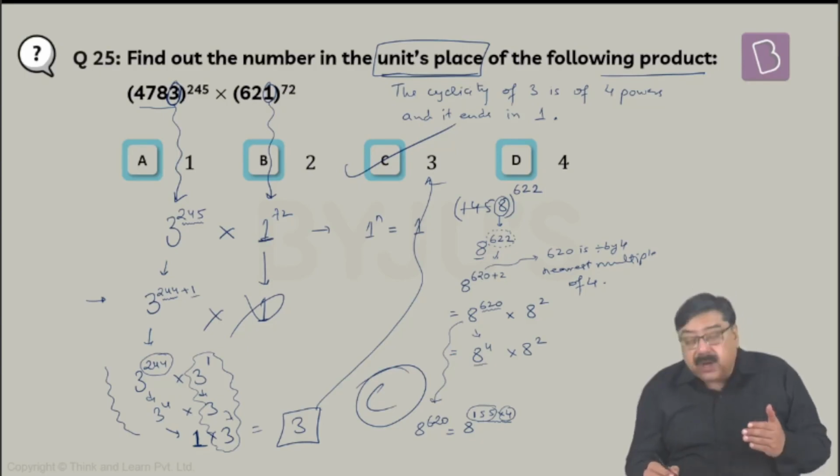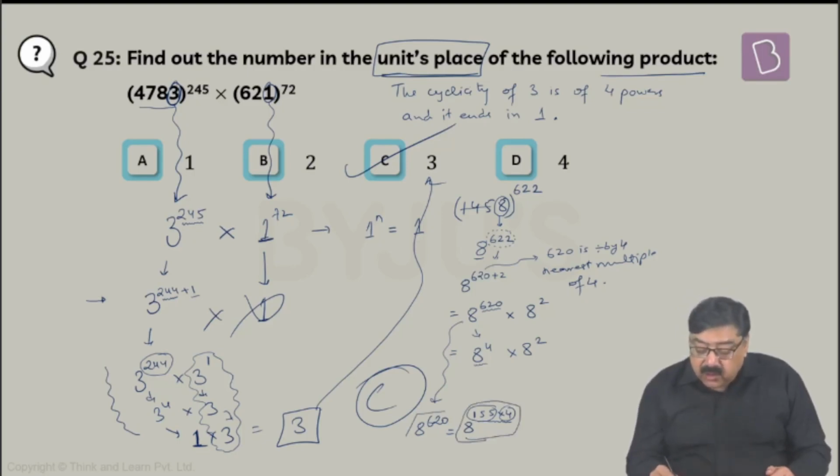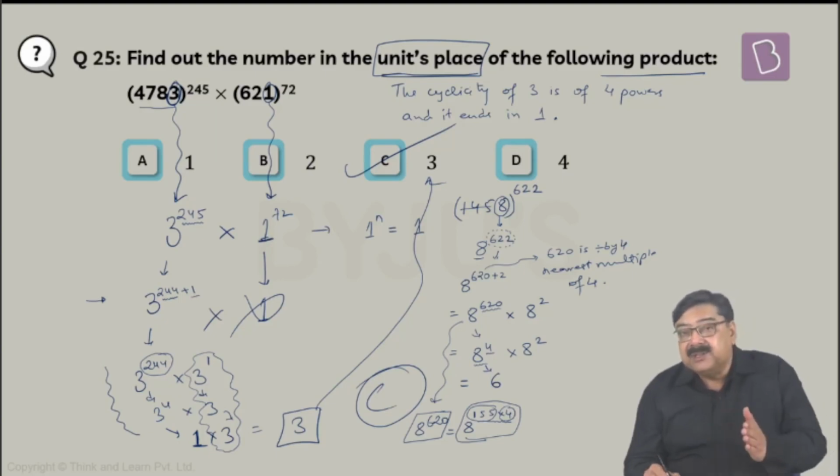Anyhow, whatever digit is obtained in the units place for 8 raised to 155 into 4, or let us say 8 raised to 620, is going to be the same digit which will be found in the units place of 8 raised to 4, which we know ends in 6. 2, 4, 6, 8, even numbers. The cyclicity of the last power, the 4th power, here should end in 6.